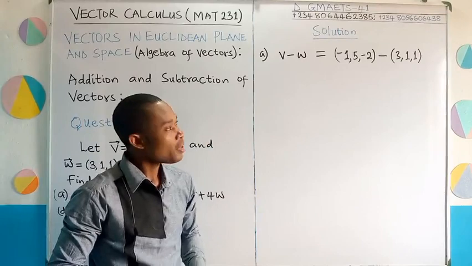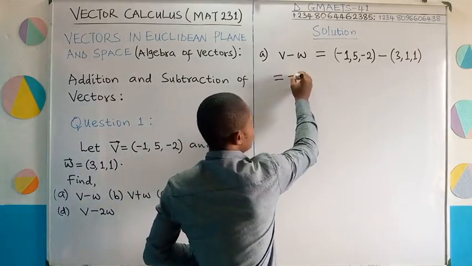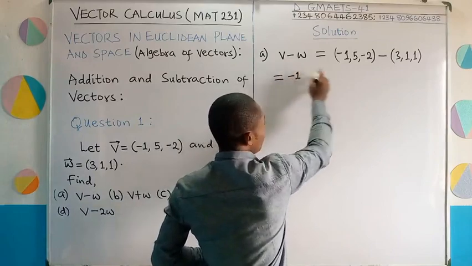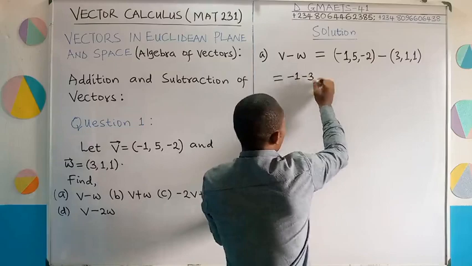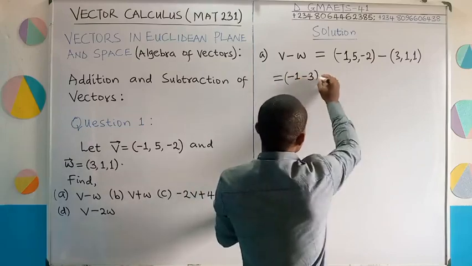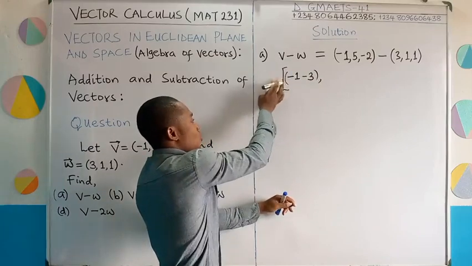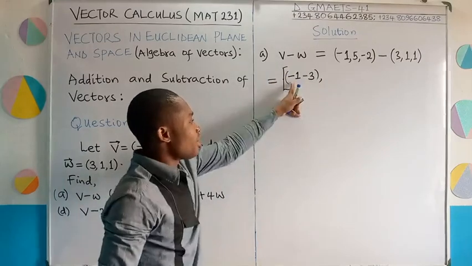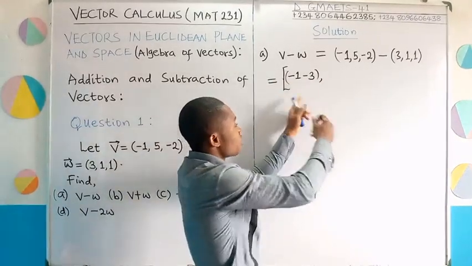Is that okay? So this is simply going to be equal to, I would bring out -1 from here, the i component, then -3. -1 minus 3. Alright, so comma. I just want to show you the full working, and that's why I'm doing this. -1 minus 3 here. That will be our first component, the i component of our result.